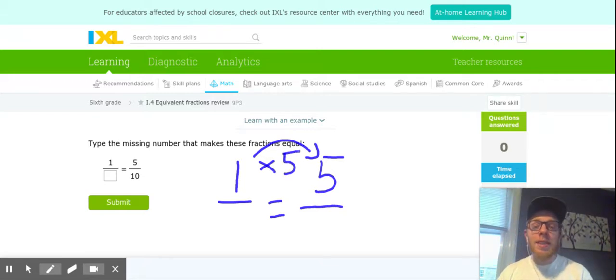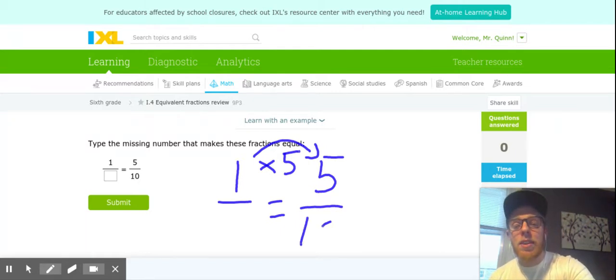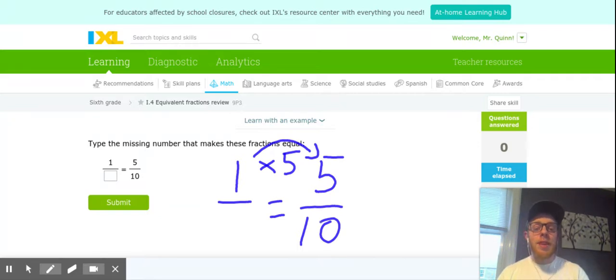So if I did that on the top, I have to work the same type of process on the bottom. Well, when I look at my bottom two numbers, my denominators, I have a 10 on this fraction and I have a blank. So this is where I'm trying to figure out what I did. So I have to think to myself, and there's two different strategies. I can say, what times 5 equals 10?